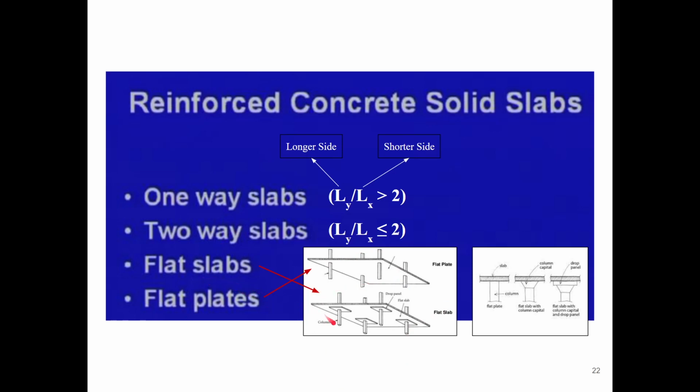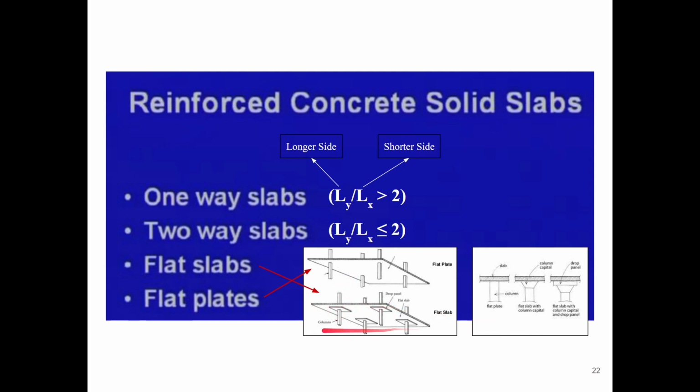Now the flat slabs are those which have drop panels or column capitals, okay. So this is a column capital and this is a drop panel. There is some support for the distribution of the load from the slab to the column.